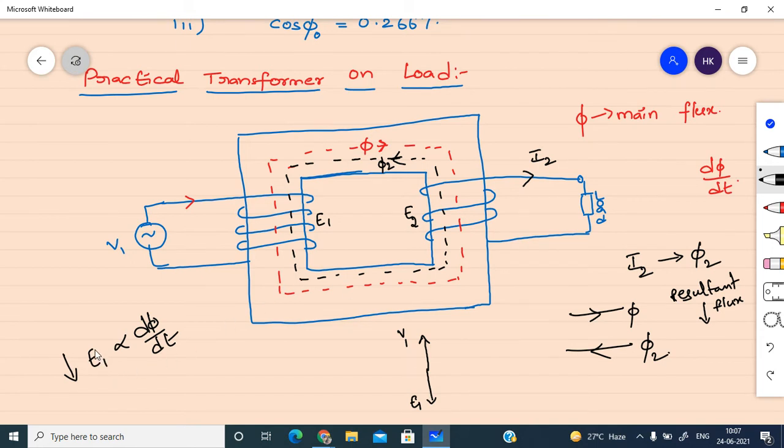So whenever this induced EMF E1 starts reducing, V1 starts increasing. For a moment, the main voltage V1 will increase. So if the voltage increases, the current drawn by the primary will also increase. Therefore, again some more additional flux will be produced in the transformer due to this increase in voltage.